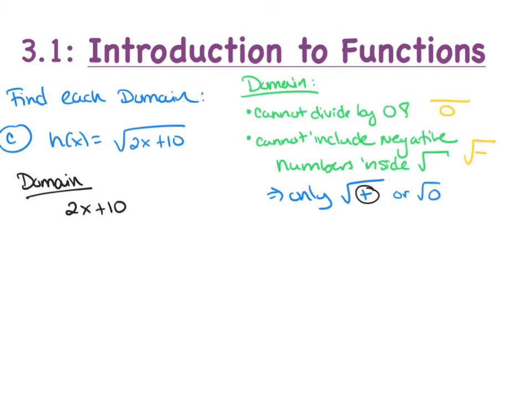So I'm going to say 2x plus 10 has to be greater than or equal to 0. And then I just solve for x. So subtracting 10, I get 2x is greater than or equal to negative 10, which means x is greater than or equal to negative 5. And there are an infinite number of x's that fit that, so I would write negative 5 up to infinity.